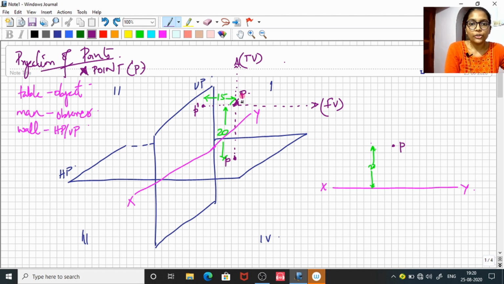So what you need to do is, you just have to rotate this HP, okay? Because we need to spot out this point P, the small letter p onto this graph, isn't it? So you just need to rotate this HP 90 degree clockwise direction. So what happens?